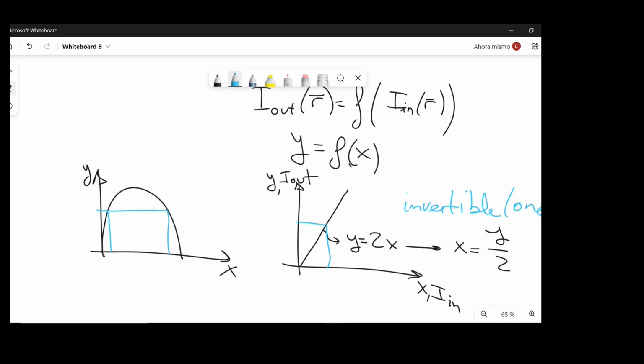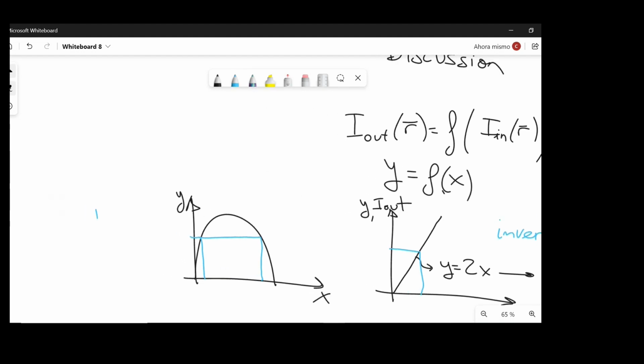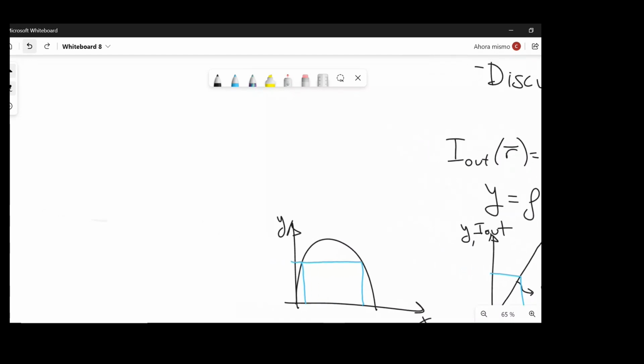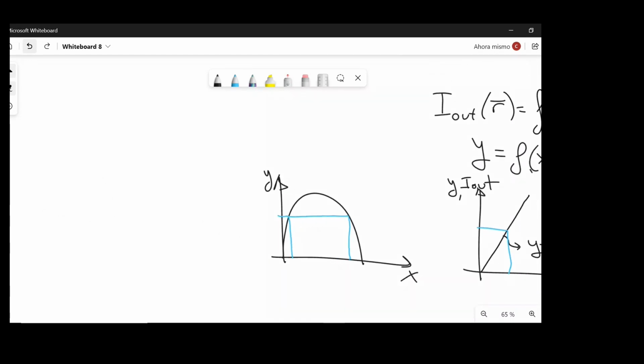What about this one? So this is obvious. What about this one? So now we will have x, y. Our transformation is something like this. Is it invertible or not?